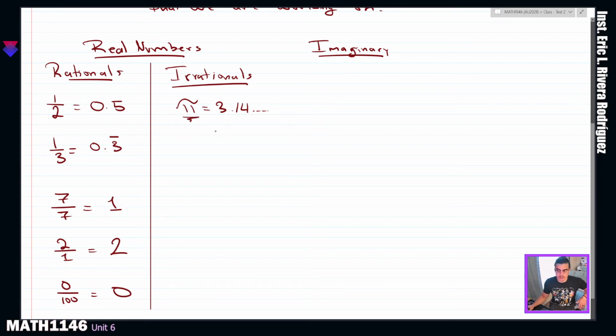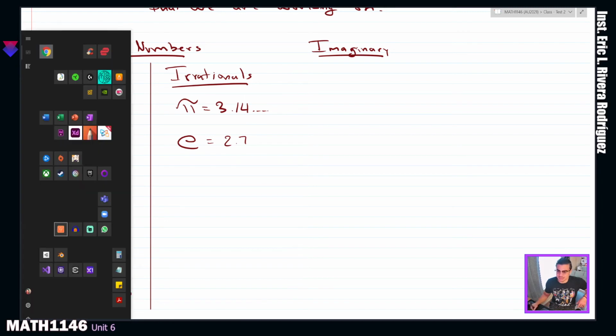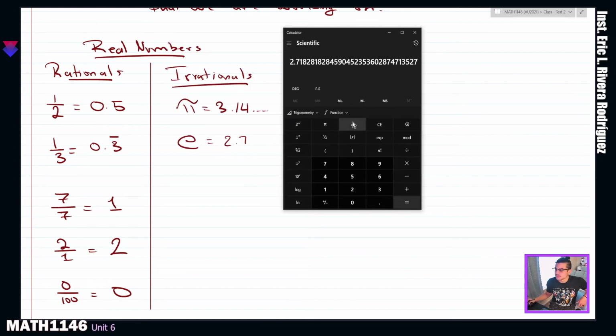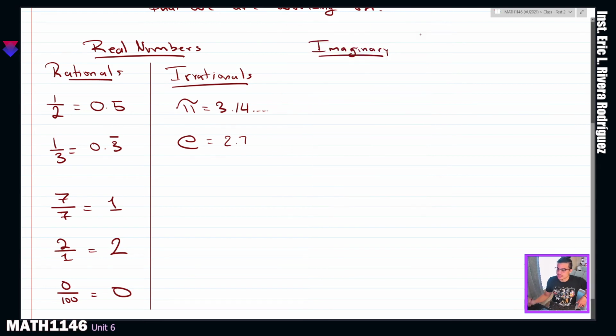Hence, we use the notation for pi, an important number. There's another number, e. I believe this is 2.7, something like that. I don't know. Let me see. Where is your calculator? Do we have e here? Yes. E, 2.718, and so on. Okay, that's another irrational number.